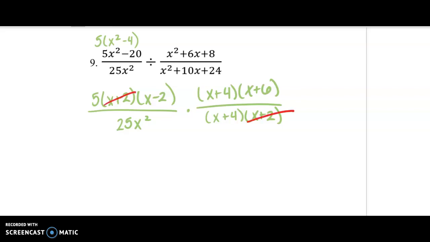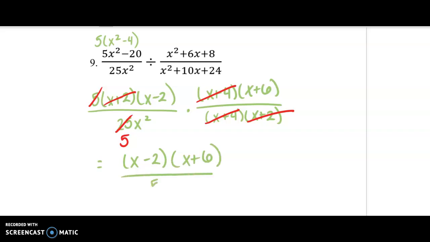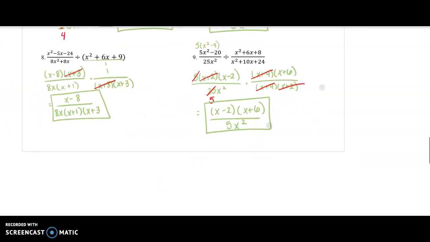X plus 2 cancels out with the x plus 2, x plus 4 with the x plus 4. 5 goes away and 25 becomes 5. So I'm left with x minus 2 times x plus 6 over 5x squared as my final answer.